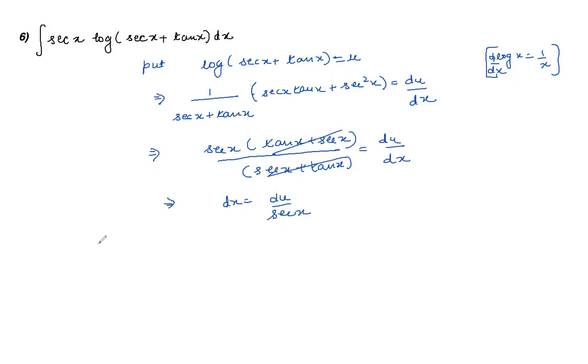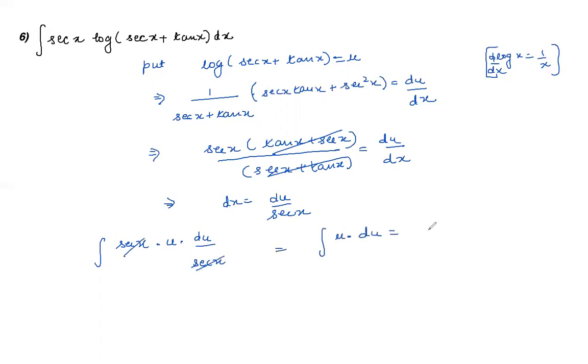Now the question is very easy. I'll substitute the values again. I'll put sec x as sec x, and I'll put log of sec x plus tan x as u. And then I have dx, which I'll put as du upon sec x. Both the terms will get cancelled, and finally I'm left with the integration of u into du.